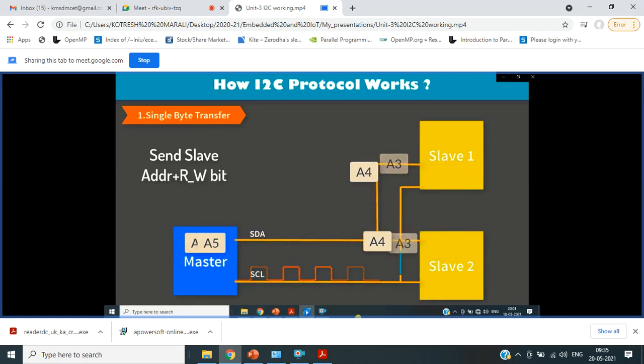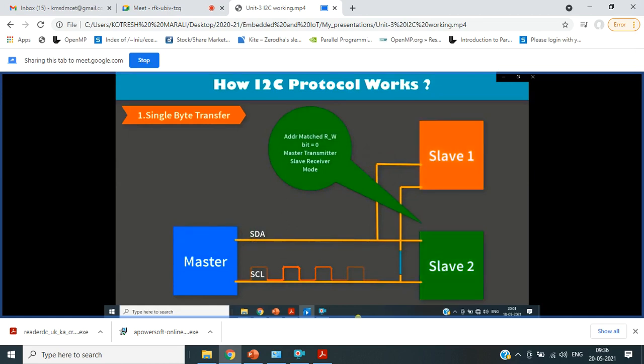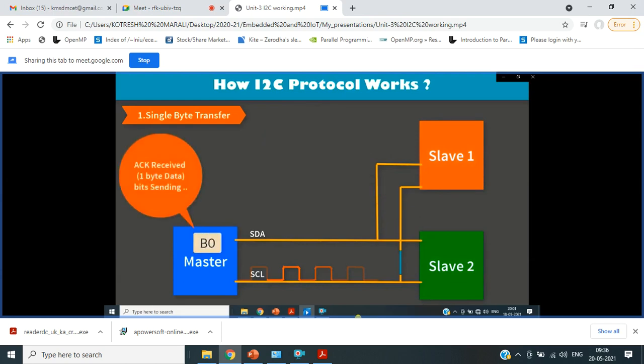Now it starts sending the address. The one to which the address gets matched will communicate with the master. In this, slave 2 gets the perfect address and it matched with the address sent by the master. Now it sends the acknowledgement. Acknowledgement is received by the master.